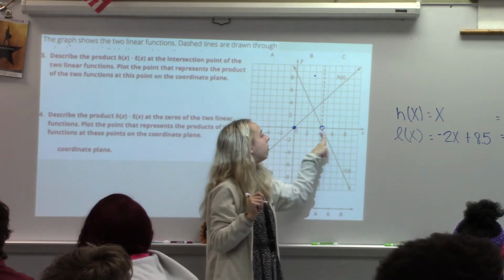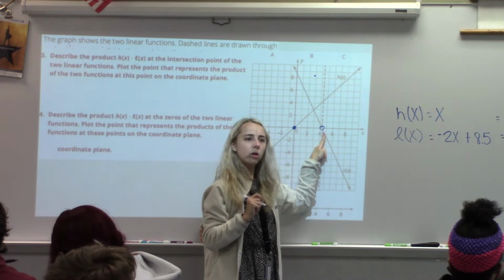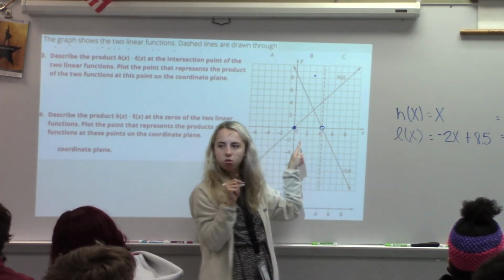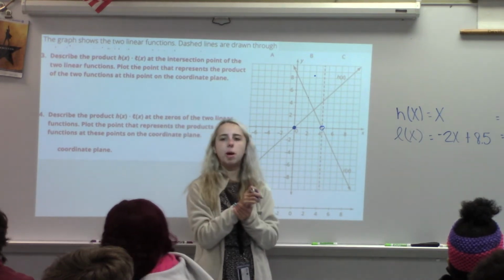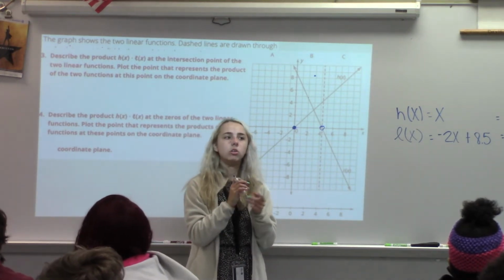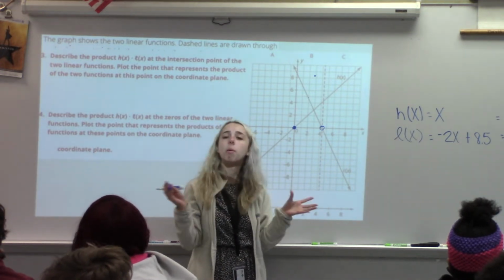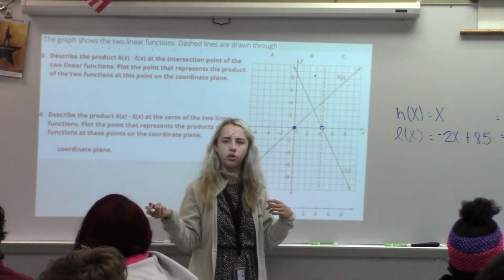But then what about this point? What would I have to multiply to get the product? Remember, what values am I multiplying? When I'm talking about multiplying these functions together, I'm multiplying what values?